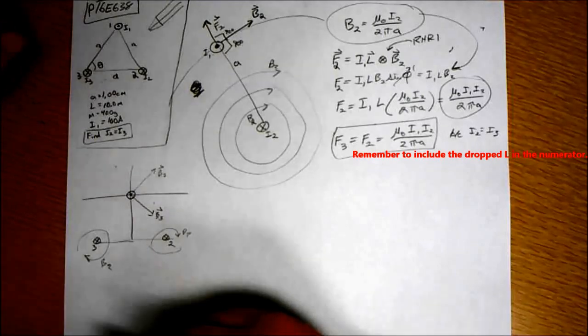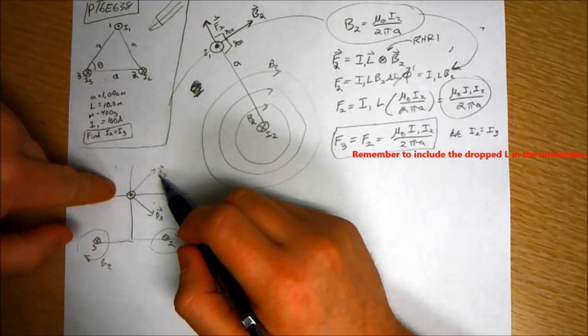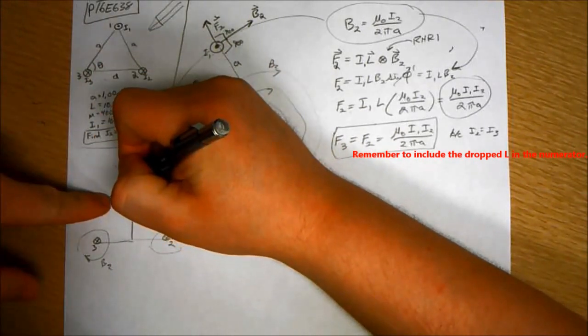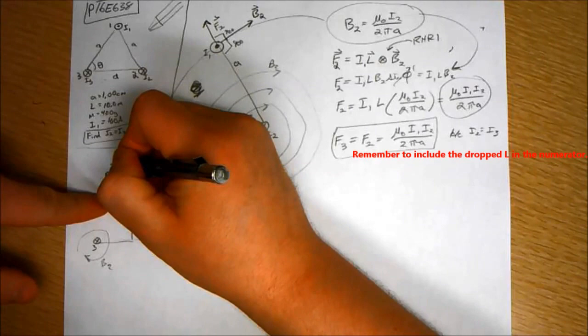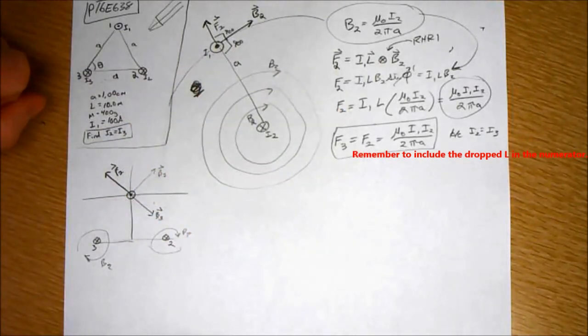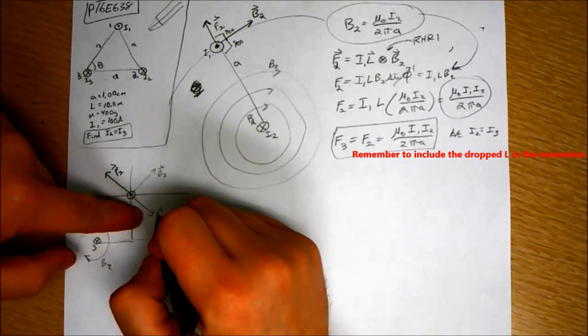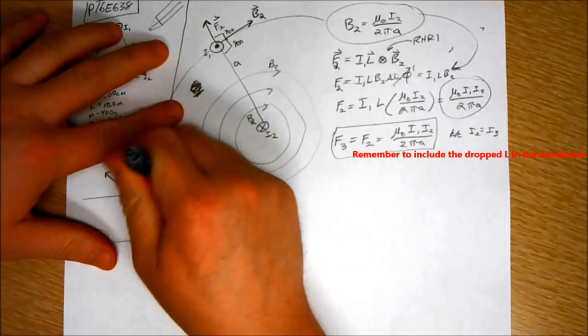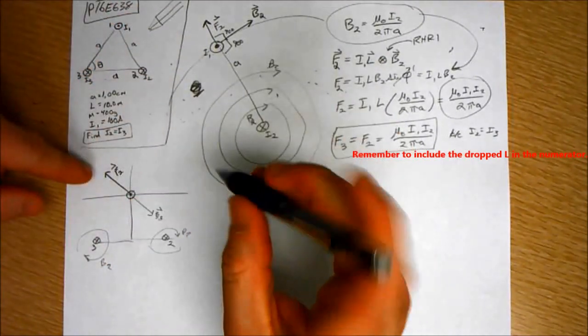We also know that F2 is perpendicular to B2. So we drew this up here already. All right. And we know the exact same thing is going to happen in here. The force is going to be perpendicular to B3. I'm going to erase the magnetic field from wire 2 for a second. We're done with that.